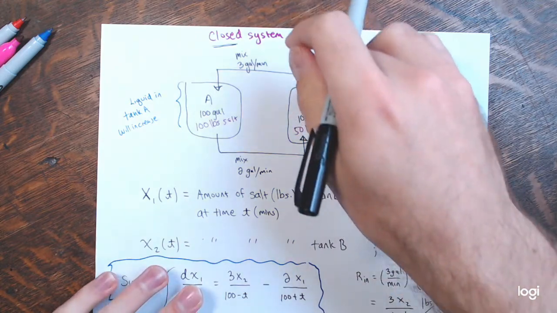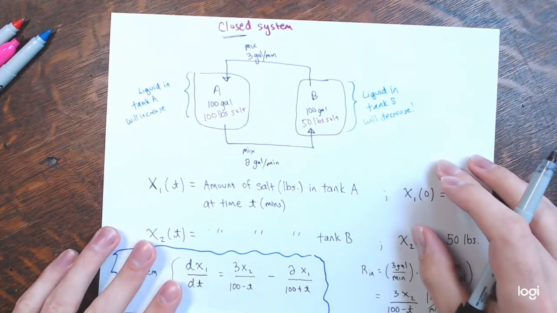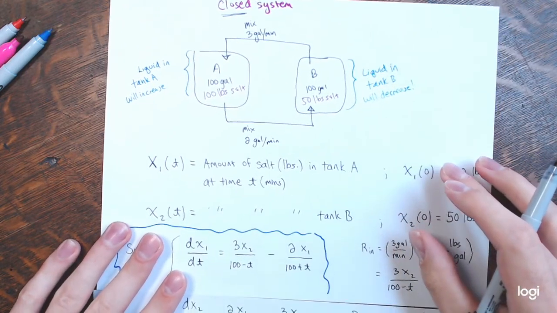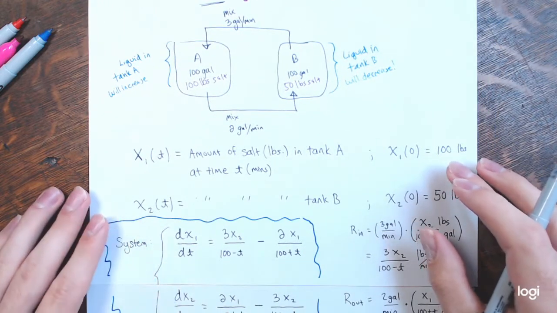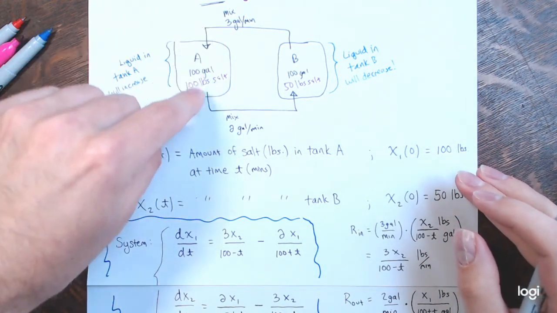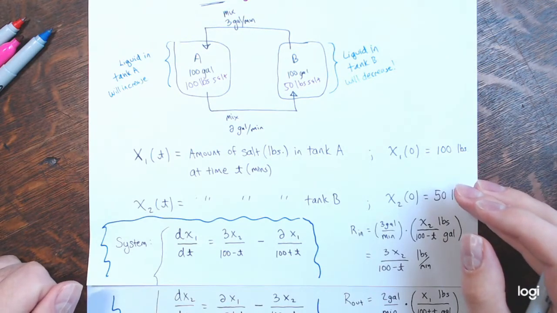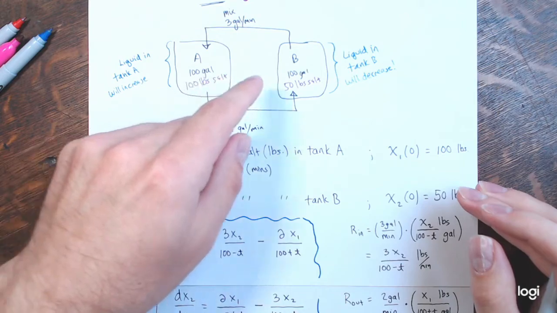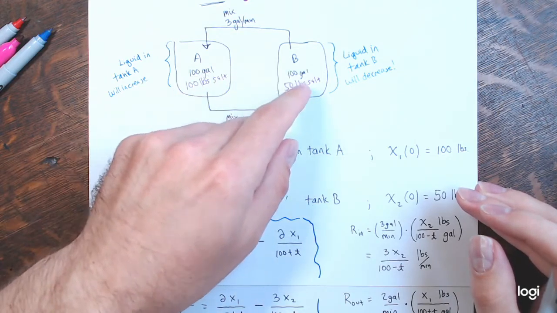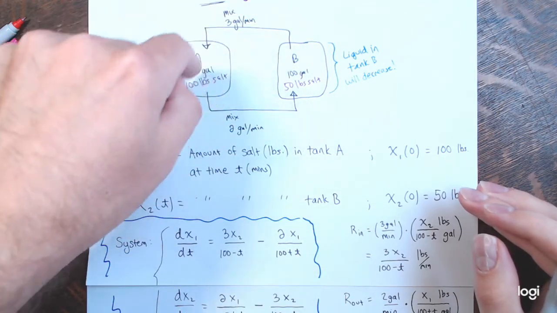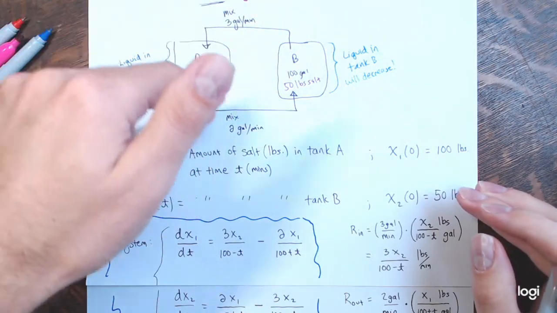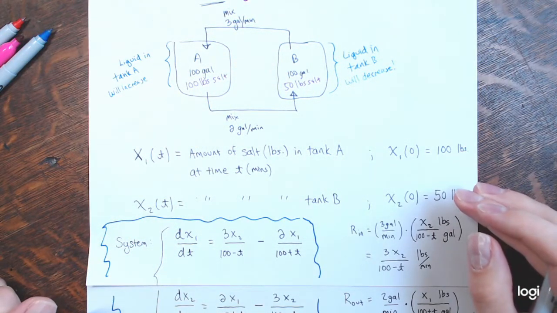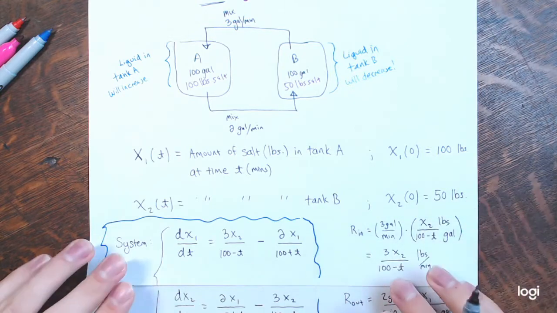You have the same amount of liquid in these two tanks all the time. If that's the case, the amount of salt never changes. So you see how I start off with 150 pounds of salt. No matter how much time passes, the salt's just getting tossed around, there's still always going to be 150 pounds of salt.